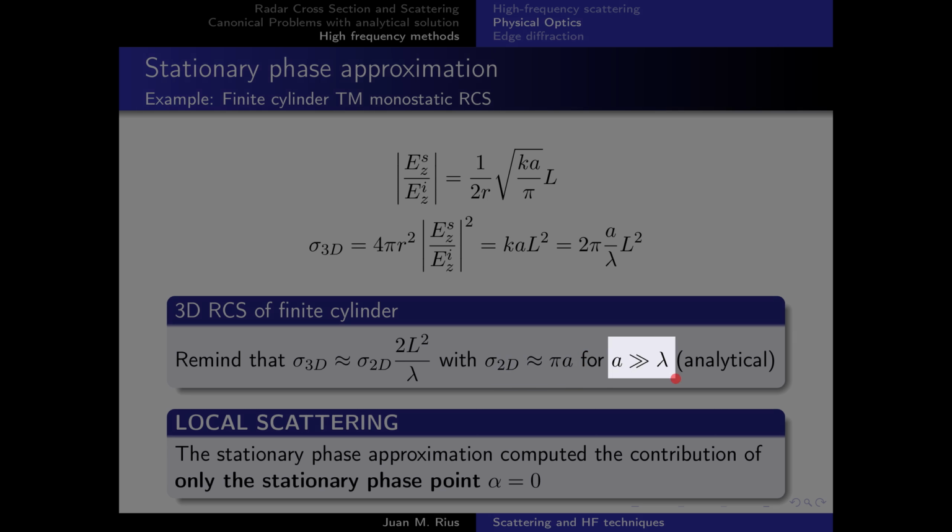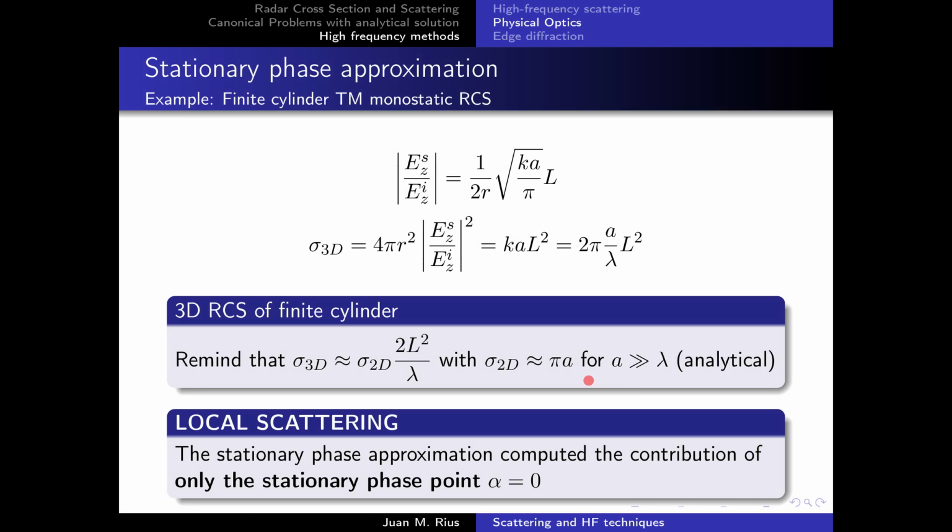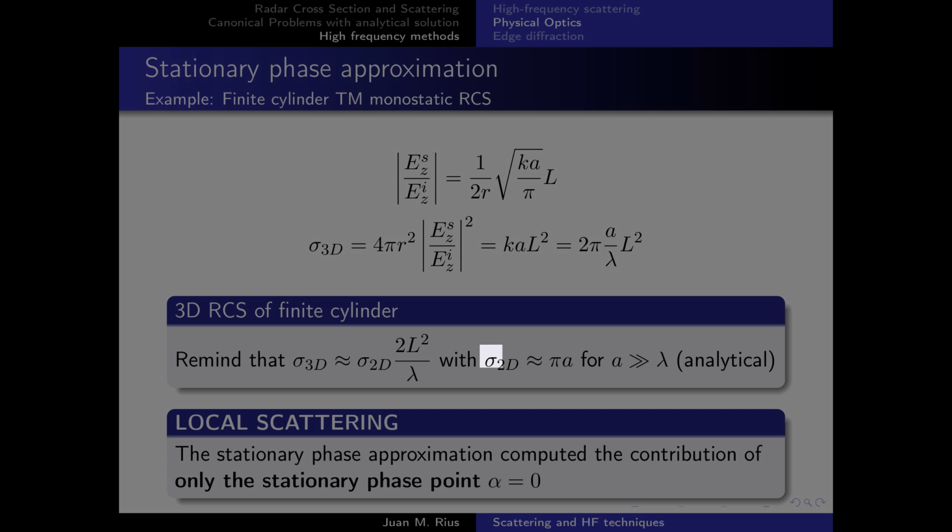This was obtained as an analytical result using the series of Hankel functions and Bessel functions, and then in the limit of high frequency using the large argument approximation. And this is exact for very large frequency.